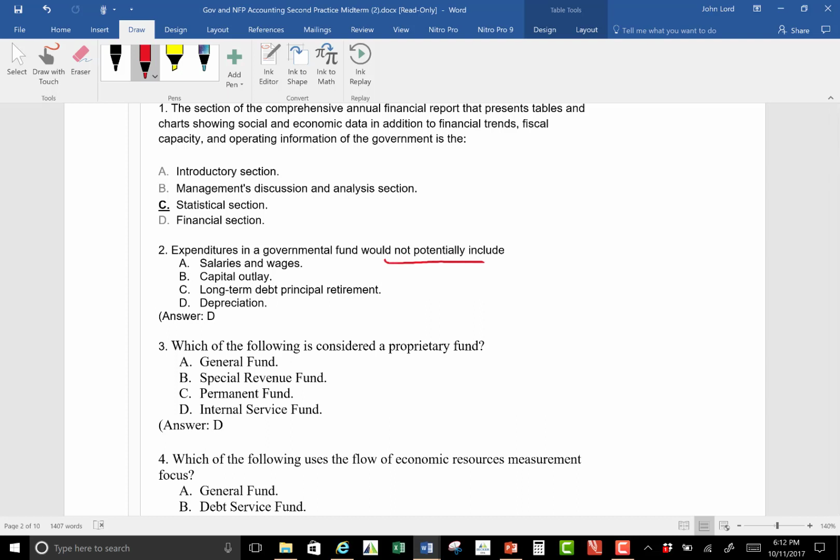We have salaries as an expenditure. When we buy equipment, capital outlay is an expenditure as well, right? C, long-term debt principal retirement. We're going to learn this when we get to chapter 6 and we start talking about long-term debt. Payment of both principal and interest are considered an expenditure.